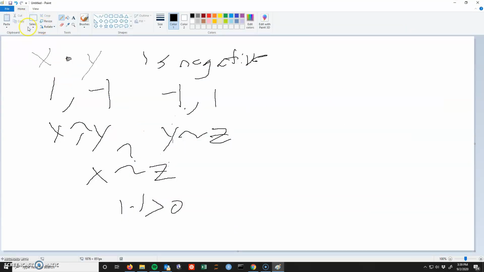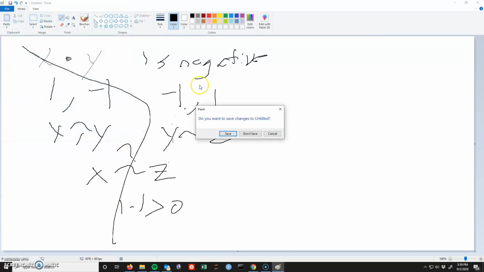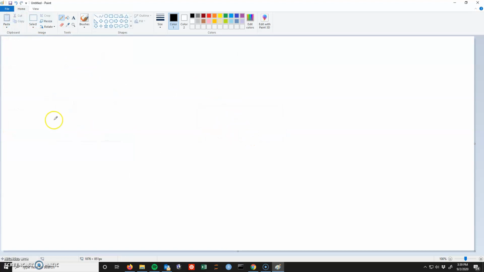All right, next one is the addition one, addition with swapping. So let me get a new page. File, new, there we go. Don't save. Okay, so let's get a new one. It's these opposite things.